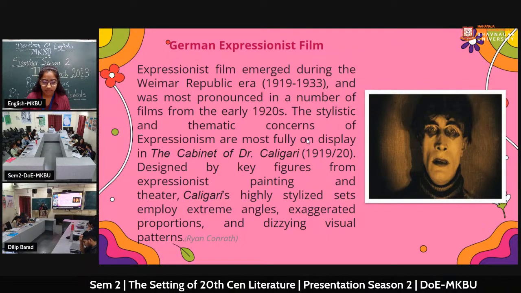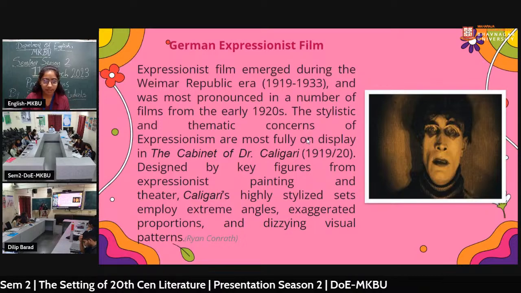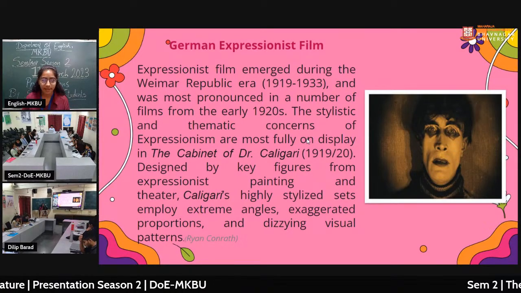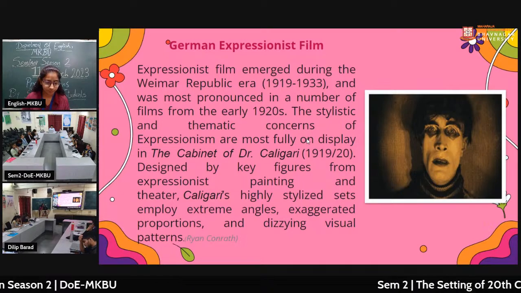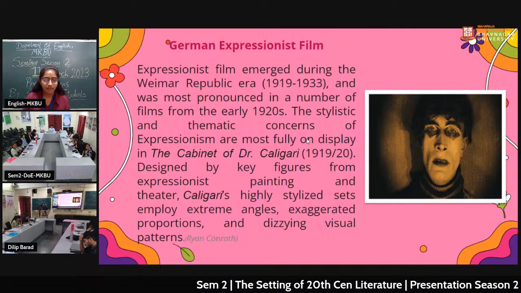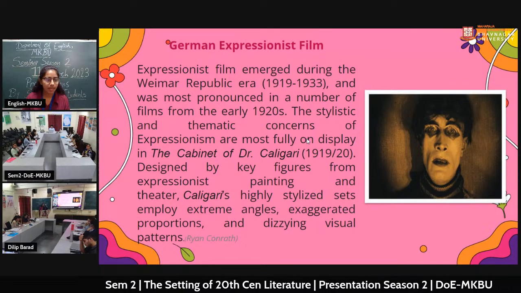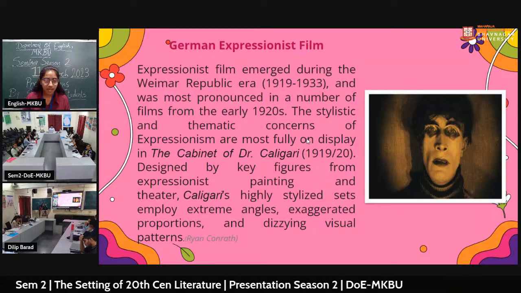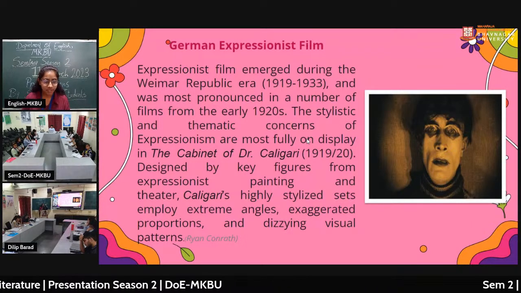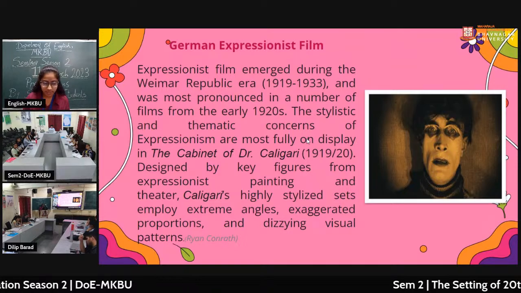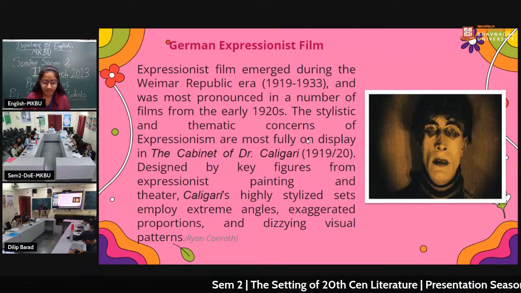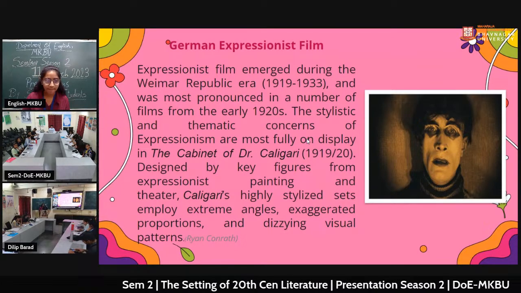The stylistic and thematic concerns of expressionism are most fully displayed in The Cabinet of Dr. Caligari, designed by key figures from expressionist painting and theater. Caligari's highly stylized sets employ extreme angles, exaggerated proportions, and dizzying visual patterns.